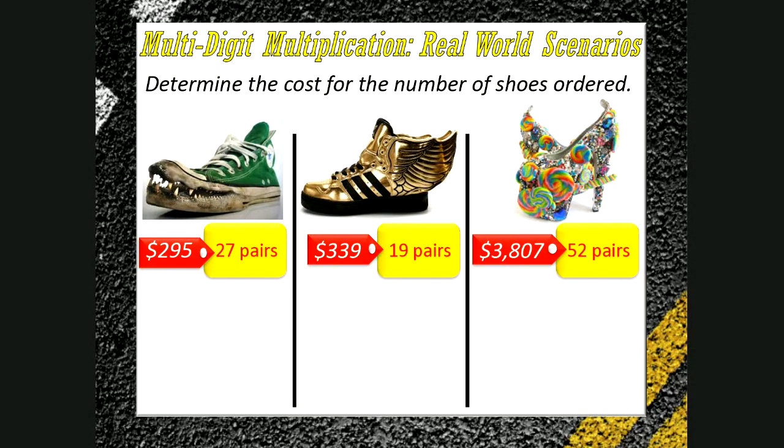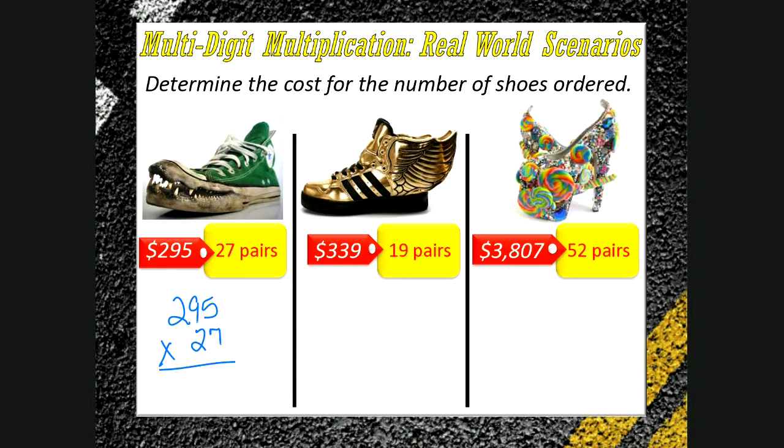So let's try the first one. $295 for our Gator Converse, and we need 27 pairs. Now remember, if you want to set this up in the partial product format, you can. You're going to want to work towards being able to do it with the standard algorithm, but if you still need to set it up in the partial product chart, that's perfectly acceptable.